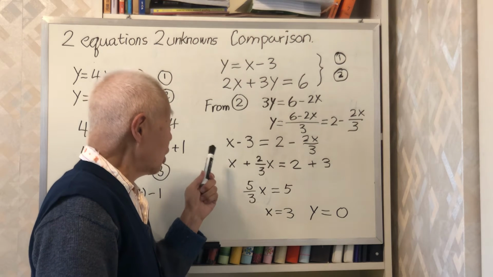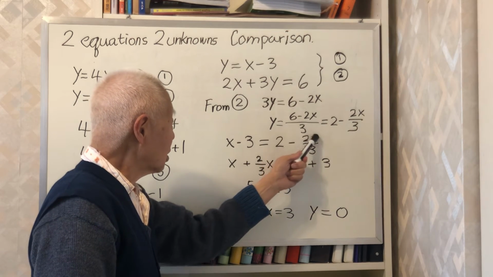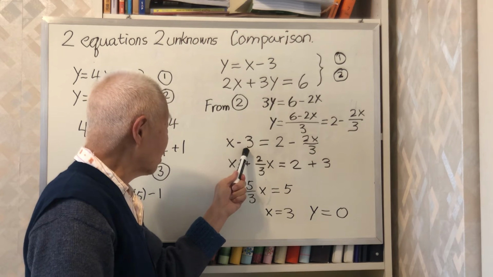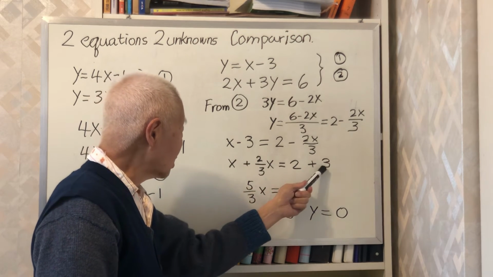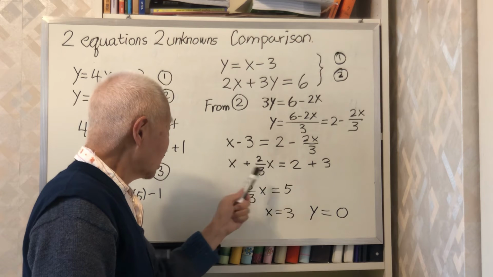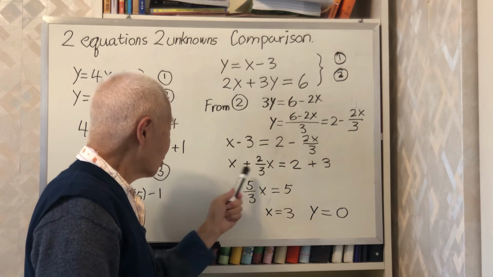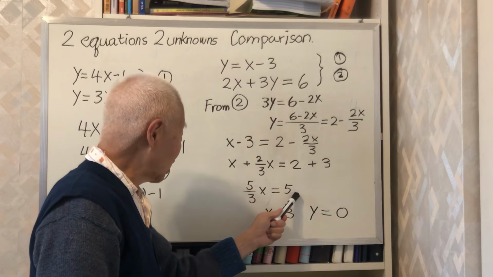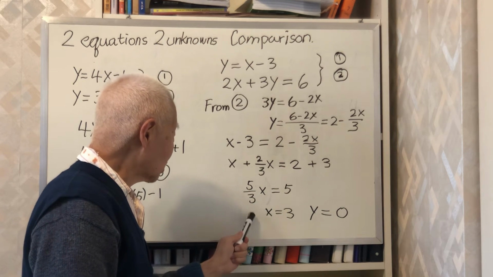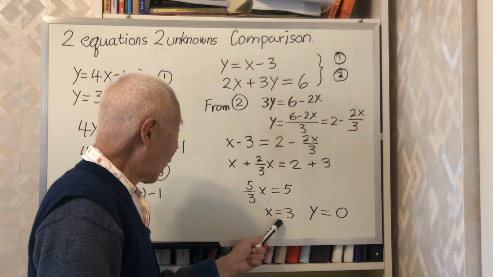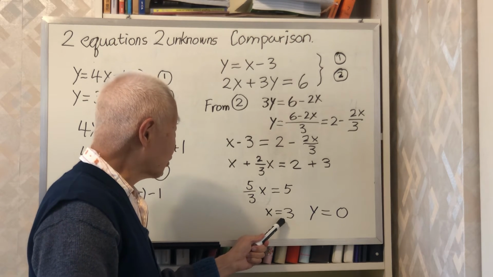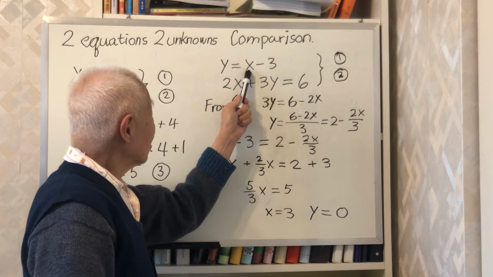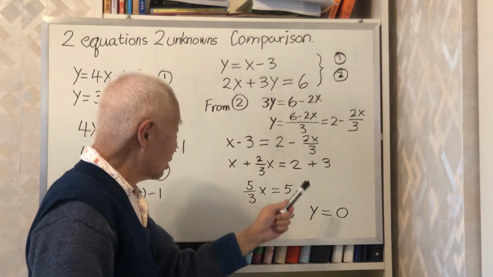Then it's easy to move this term from right to left, move this -3 from left to right, continue, do the left-hand side, I have this, do the right-hand side, I have this, and x is 3. I can put the value 3 into equation 1, so y is 3 minus 3, which is 0.